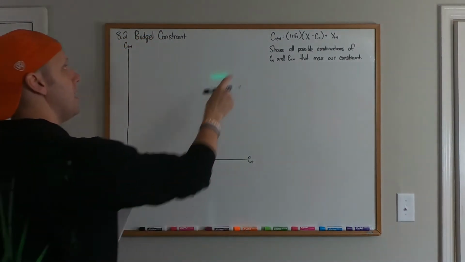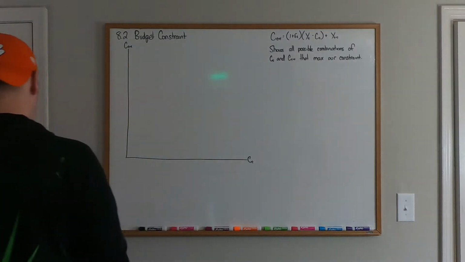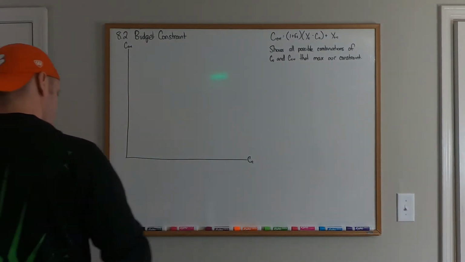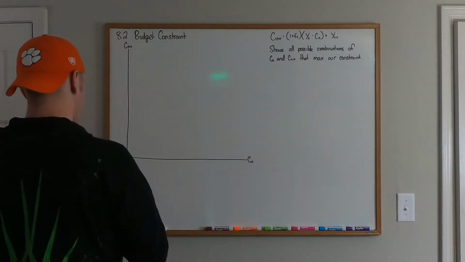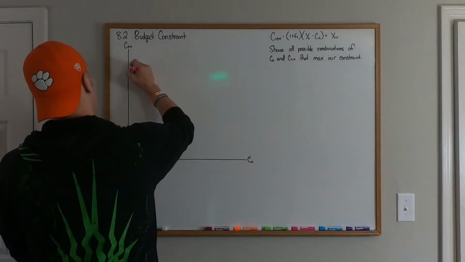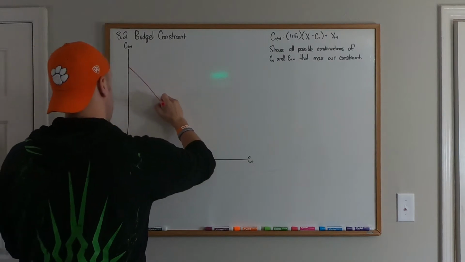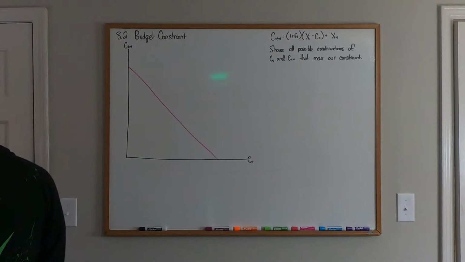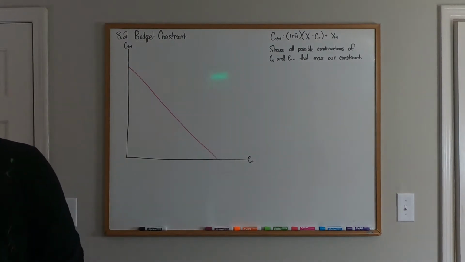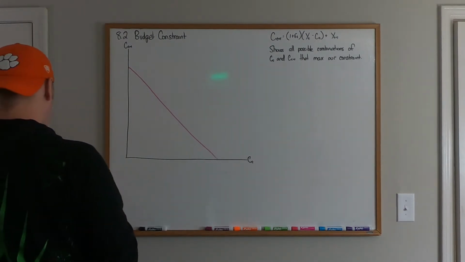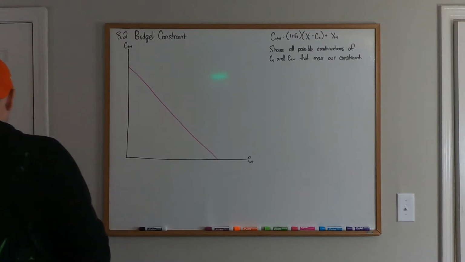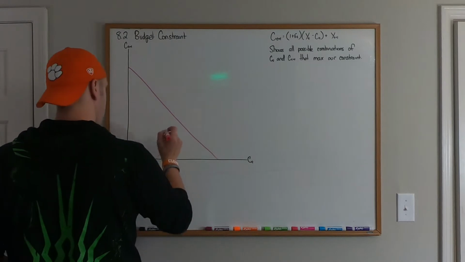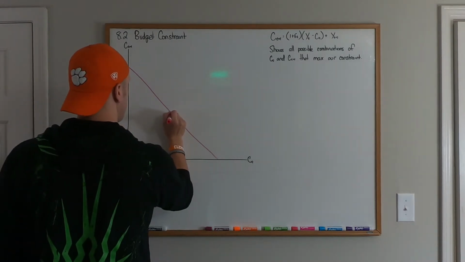Now, if we were to plot this out, what we would get is the following. We would get this right here. So when we plot this out, we have some point, we'll put it right here just for ease.